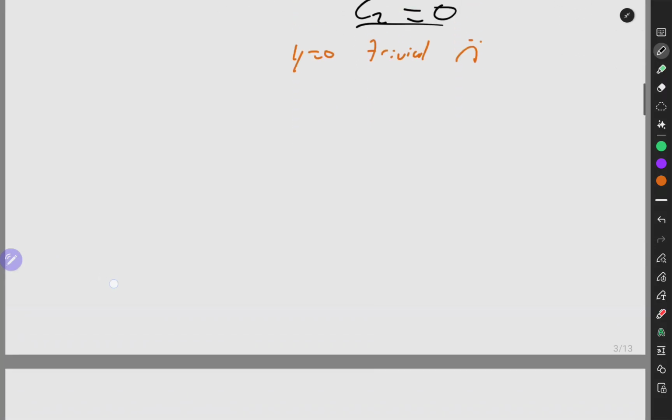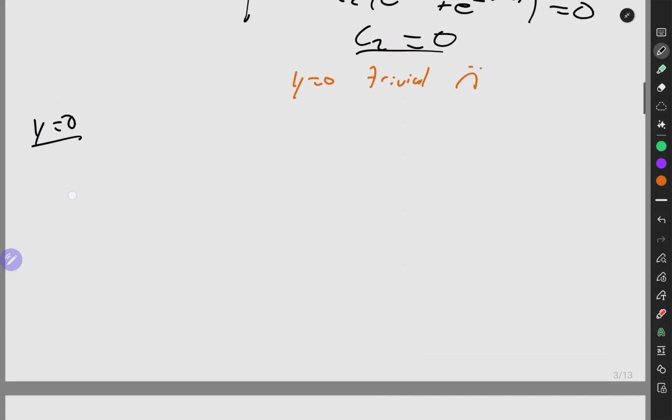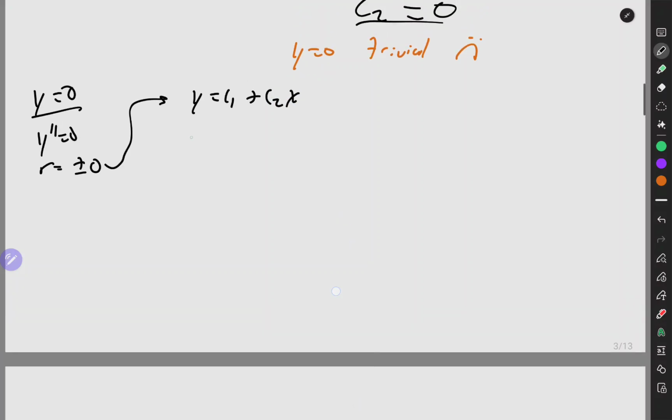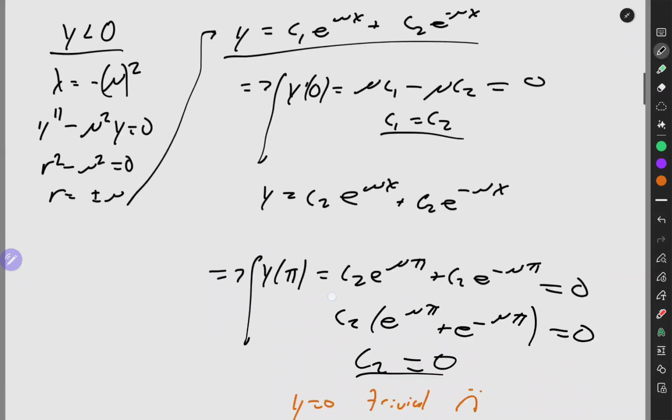Let's look at, I'll put it right here. Plenty of space. When lambda equals 0, y double prime equals 0, r is equal to plus minus 0, repeated roots, right? So then, what's the first one? Y prime of 0.